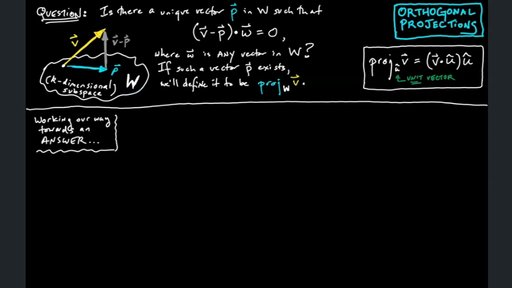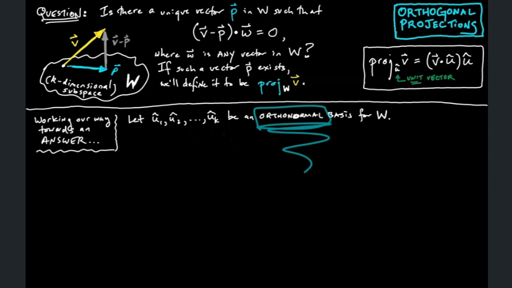In fact, since we are interested in a question that involves dot products, let's consider not just any old basis for our subspace W. Let's let U1, U2, all the way up to UK be an orthonormal basis for W. In other words, a basis where the basis vectors are mutually perpendicular, like the standard basis.